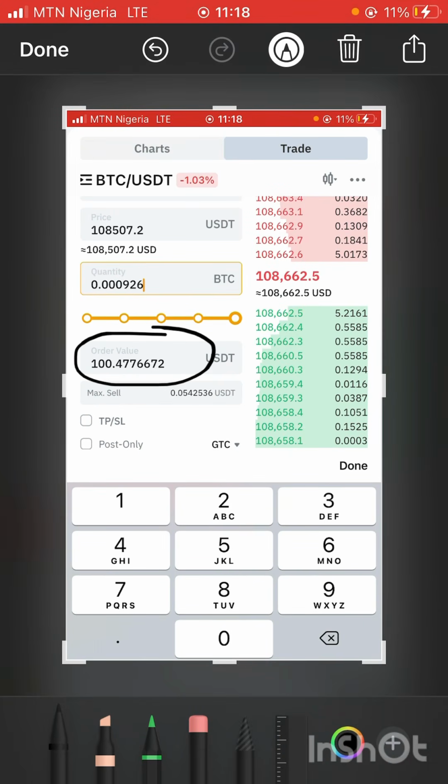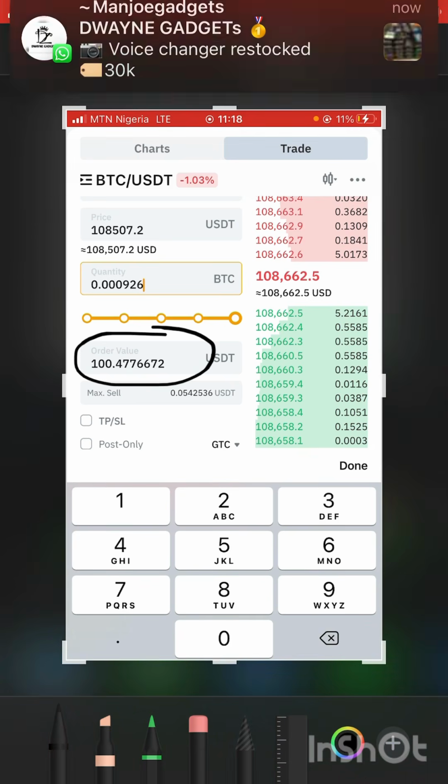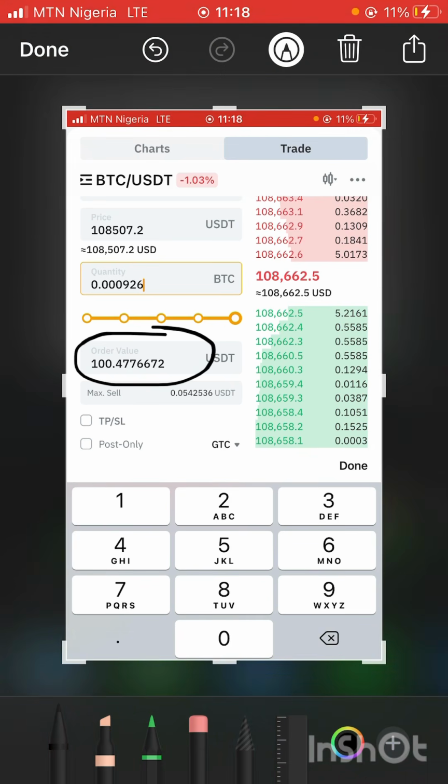That is 100.477. So give or take, if I withdraw this, my transfer fee, let's say, from the other exchange to here, I spent $3. So I am making $1.4. All right, that makes sense. Now I'm using my $100 to make $1.4. So now let's times this by 10.